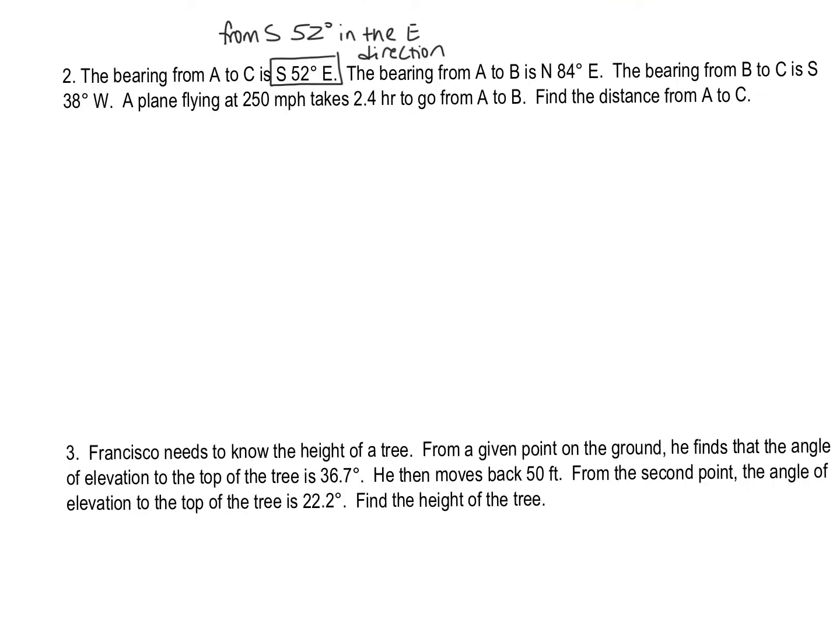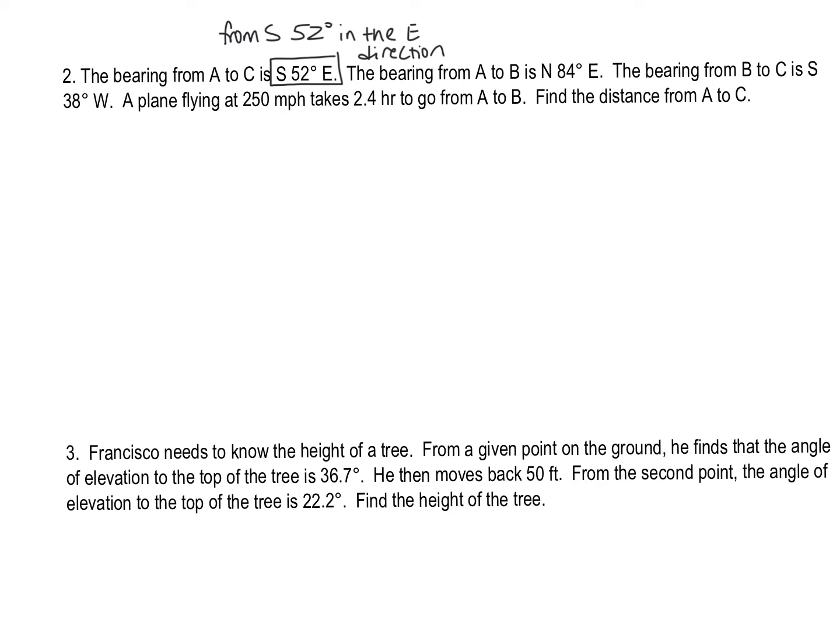All right, so this is problem number 2. Starts out the bearing from A to C, so it doesn't tell us if they're on an east-west line or north-south or anything, so they're going to be on a diagonal, is south 52 degrees east. So that's a little bit different because they specified a starting point. That means you start from the south direction and move towards the east 52 degrees.